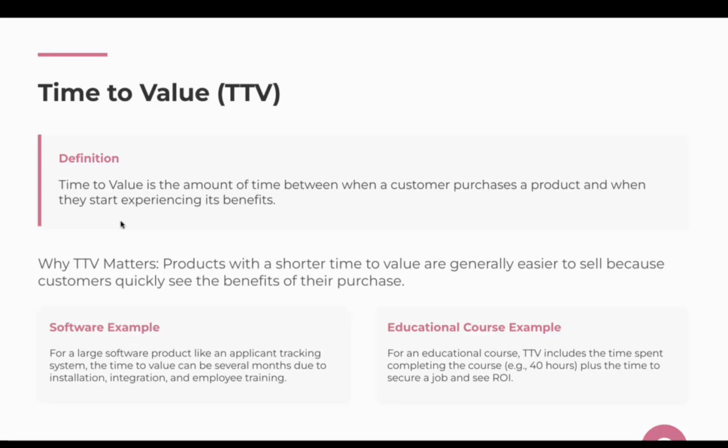But let's say, for example, the course is about 40 hours, plus the time it takes to secure a job to actually be able to see the return on investment. So you actually have to go through the process. It's not just about buying the course. You need to go through the course, absorb the information, implement it, execute it, as well as look for jobs, secure a job, and so on and so forth, for you to actually be like, that course actually helped, helped the sister out, helped the brother out, whatever the case may be.